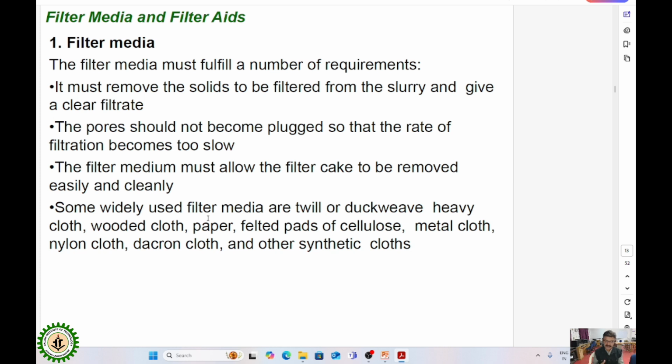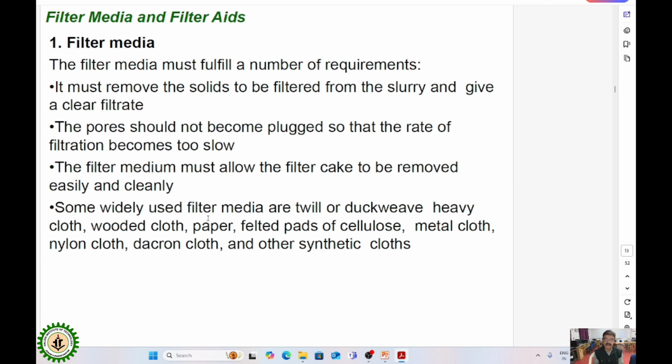So the filtering media is to be selected in such a way that there is no adhesion of the deposited cake, the deposited solid, to the surface of the filtering media. That is another criterion for selecting the filtering media. One is whether it is corrosive or not, and the other is whether it has adhesion with the surface of the filtering media or not.